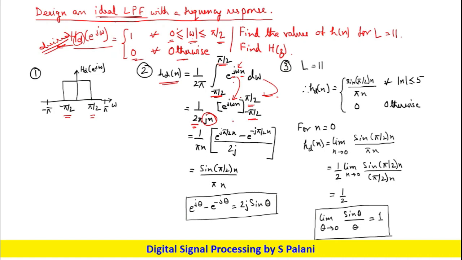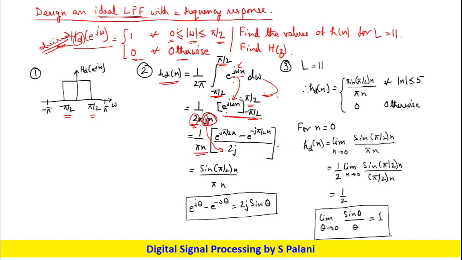This is all class 11-12 basic integration, right? Now from here you take 2 and j into the bracket, and 1 by pi n remains outside. Then when you apply the limits, you get e to the power j pi by 2 n minus e to the power minus j pi by 2 n.